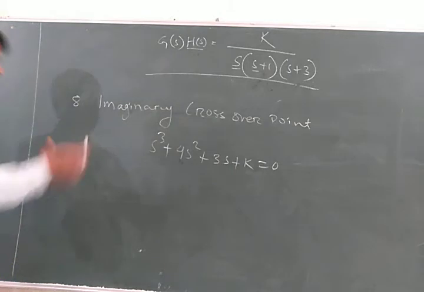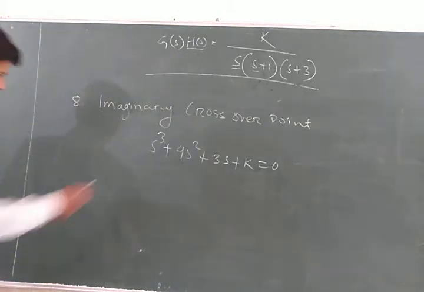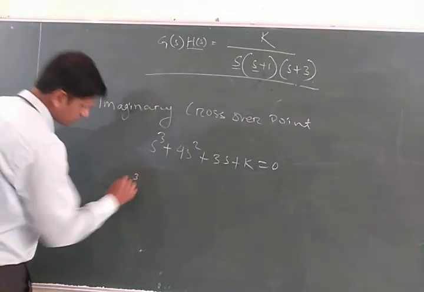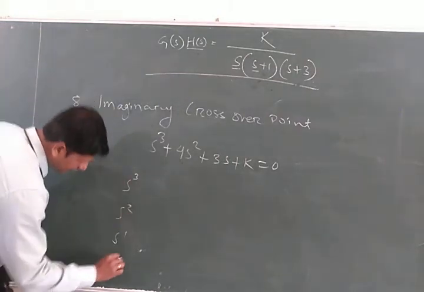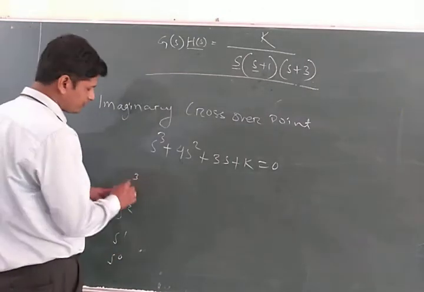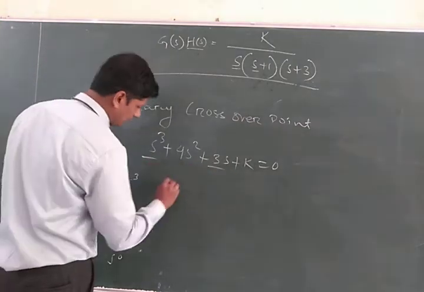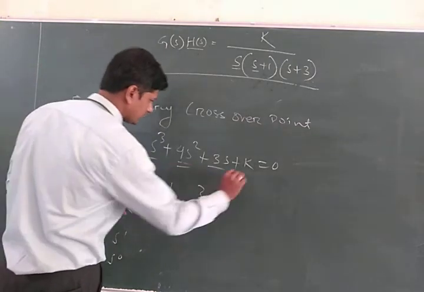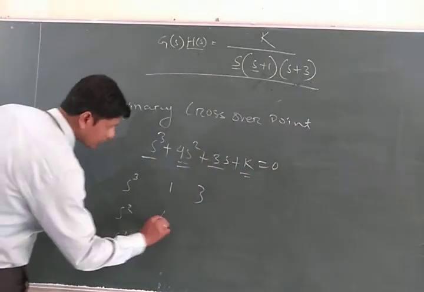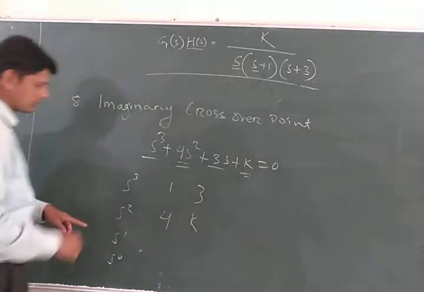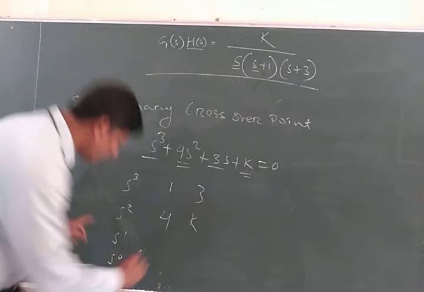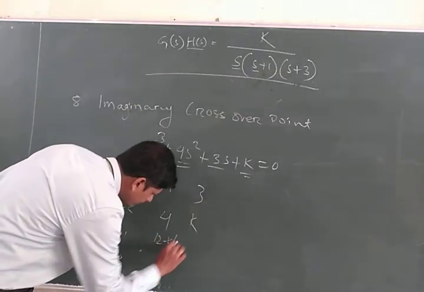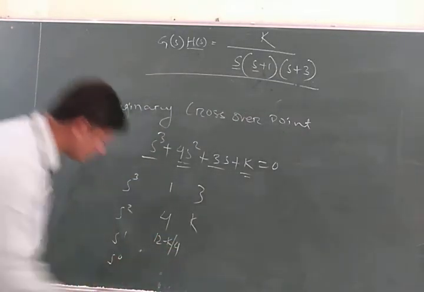I have to apply the Routh array to it, with rows s cube, s square, s power 1 and s power 0. For s cube the coefficients are 1 and 3, the second row is 4 and K. You have to find out s1 and s0. For s1, it is (4 into 3) 12 minus K, divided by 4, and s0 equals K directly.